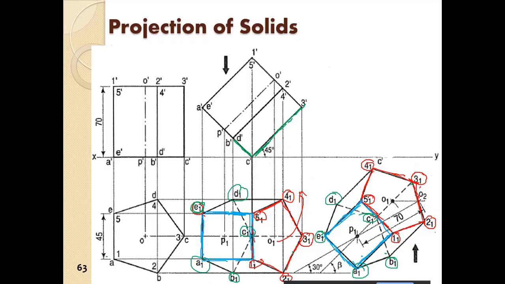So that is the face there. This is the bottom face here, and it will be in this manner. So the axis is basically rotated, and this P1O1 is now P1O1 here.